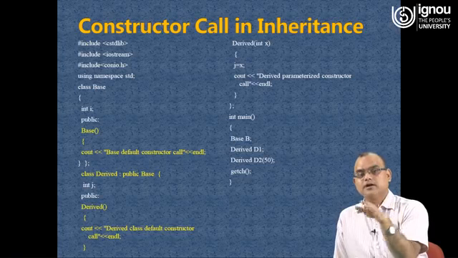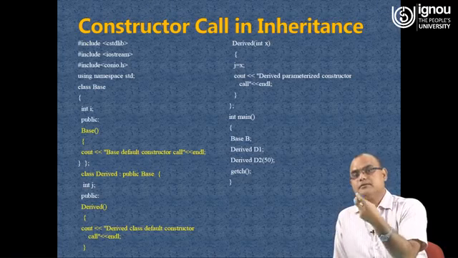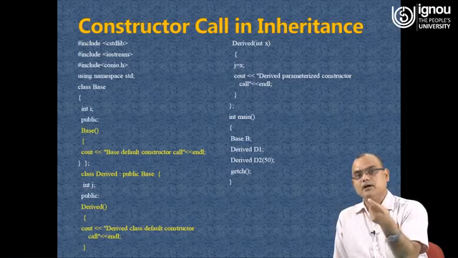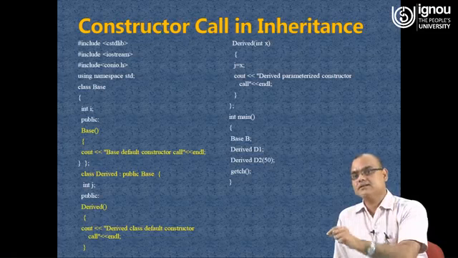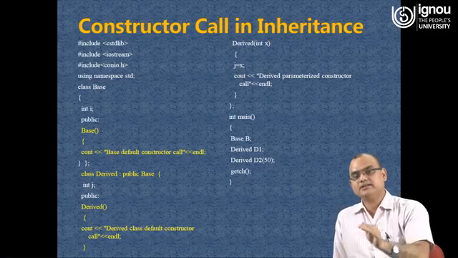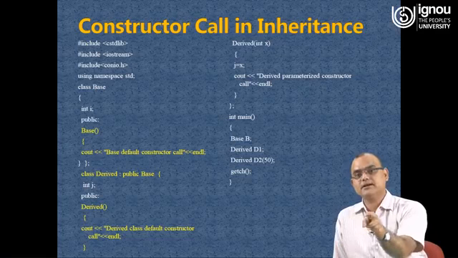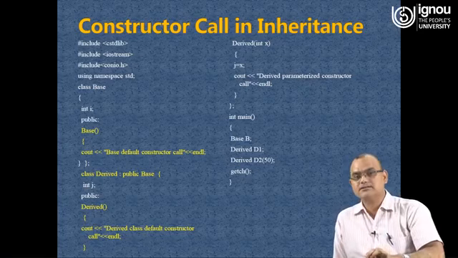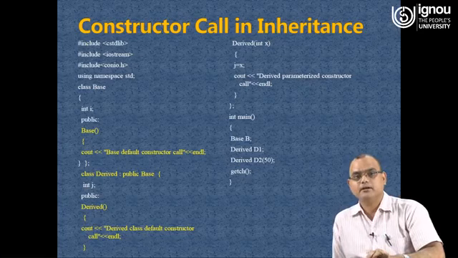And the third object will also call two constructors, one of its base class and second of its derived class, that is the parameterized constructor, because we are calling that parameterized constructor by passing the parameter.